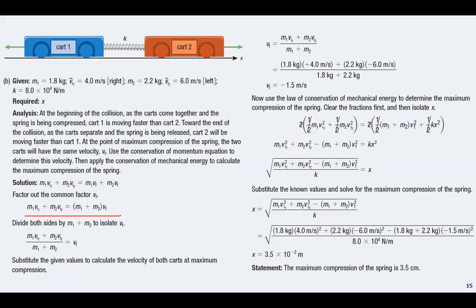We have vf equals m1 vi1 plus m2 vi2 over m1 plus m2 here. Then substitute the given values to calculate the velocity of both cars at maximum compression. We have vf equals -1.5 meters per second.